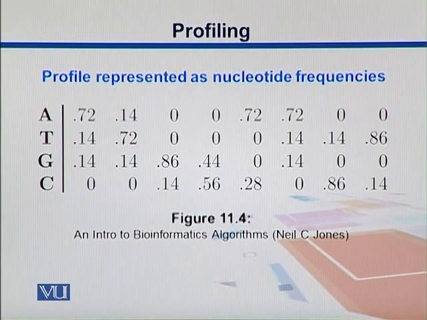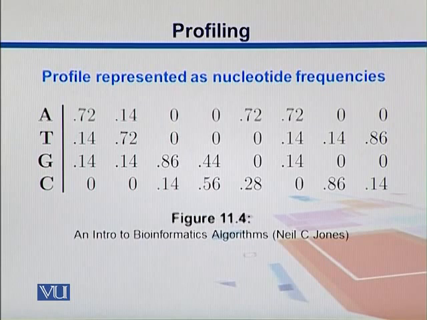Profiles, in the case of nucleotides or DNA, we can represent as the frequency of nucleotides in the databases or in our training data set, where we have a set of different sequences. For example, here on position number 1, or column number 1, we have a total of 8 columns in this alignment.